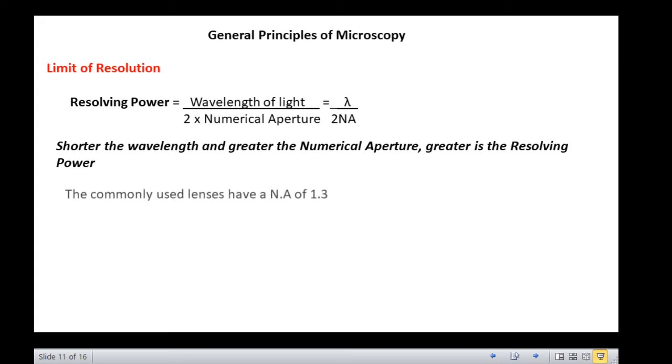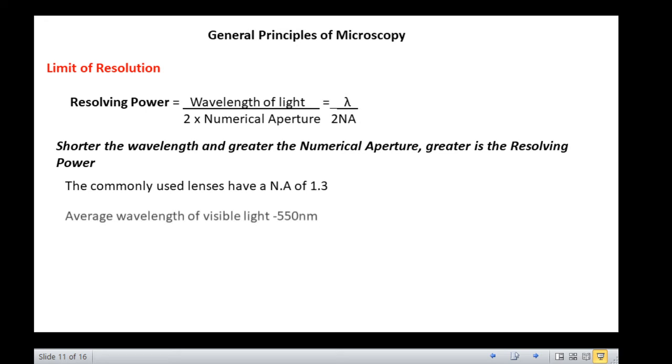The commonly used lenses have a numerical aperture of 1.3. The range of wavelength of visible light is 400 nanometers to 700 nanometers. Thus, the average wavelength of visible light would be around 550 nanometers.